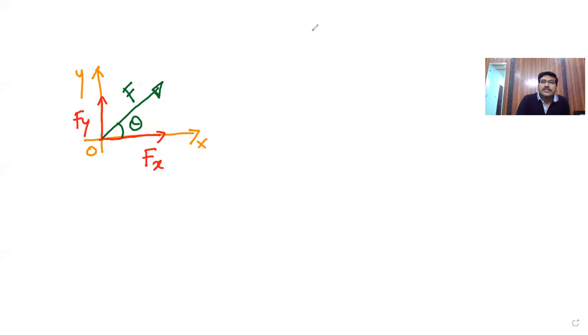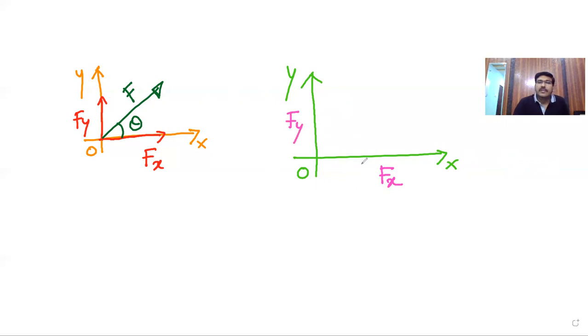Now, observe that here I am highlighting it. Let us say this is x-axis, this is y-axis, this is r-axis. Clear? Force along x-axis is given as Fx, along y-axis is given as Fy. And what was the resultant?